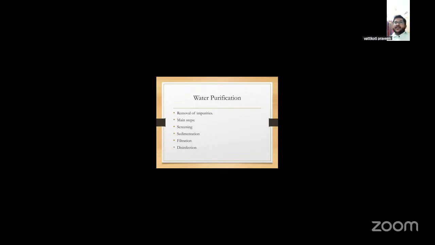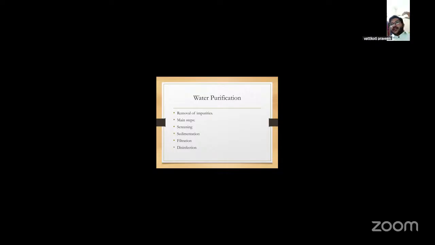What is screening? The floating materials in the raw water are removed by screening. Screening is a device with openings of uniform size used to remove the larger materials. The screening element may consist of parallel bars, rods, wires, or wire mesh, and the openings may be of any shape.